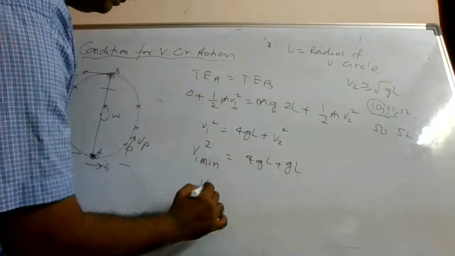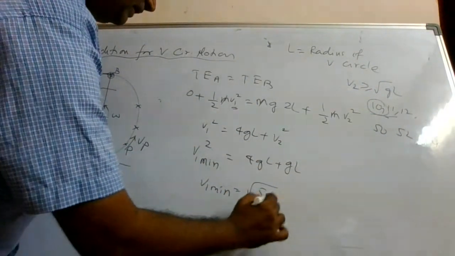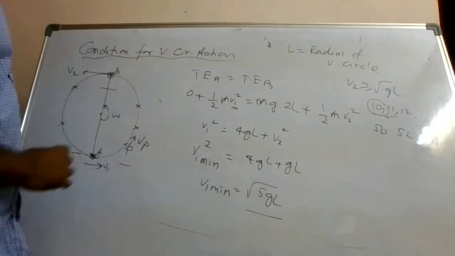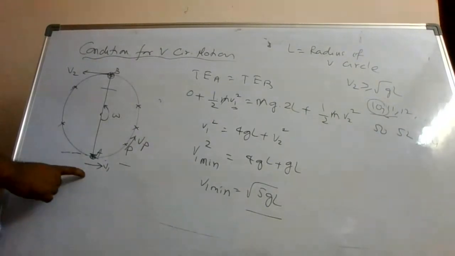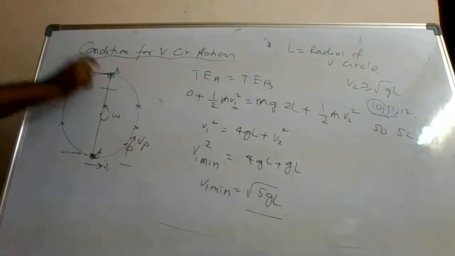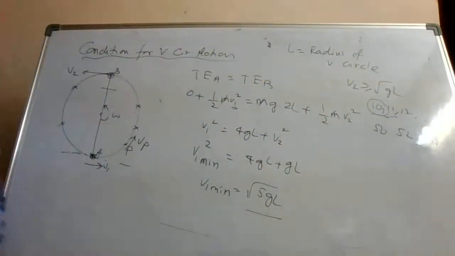So V1 minimum will be equal to root over 5GL. So the condition is, at this point the speed should be minimum root over 5GL. At this point the speed should be minimum root over GL. Then only the vertical circular motion will happen.